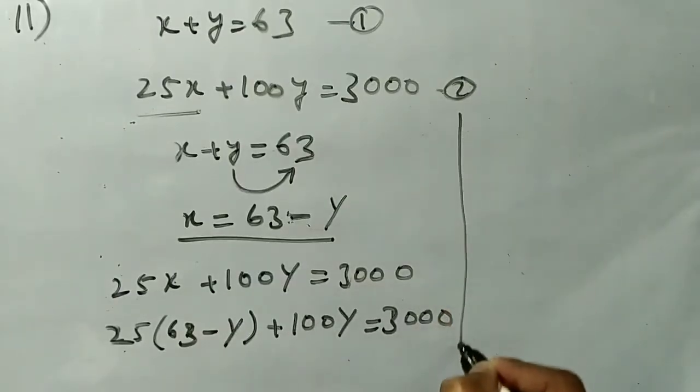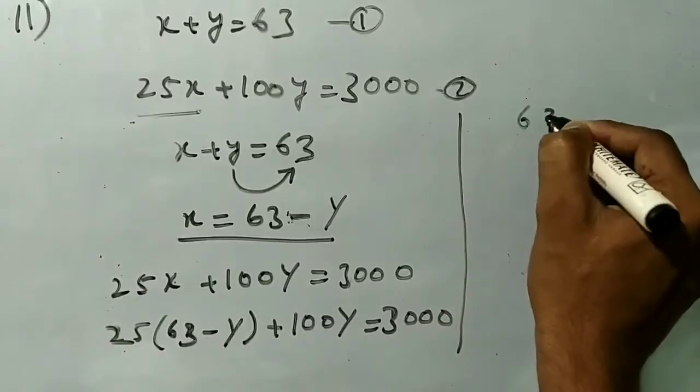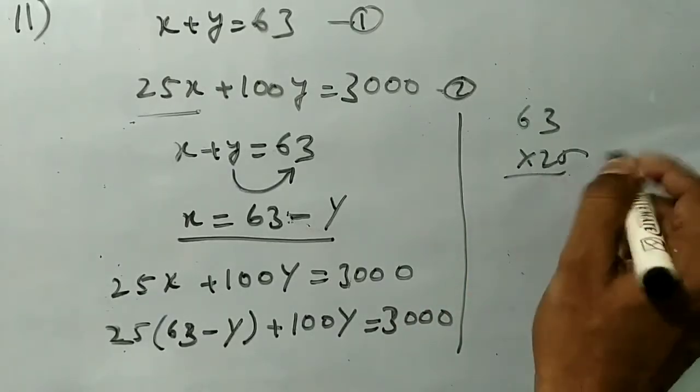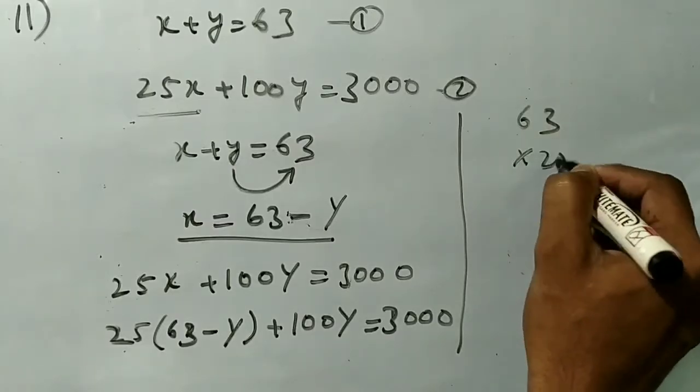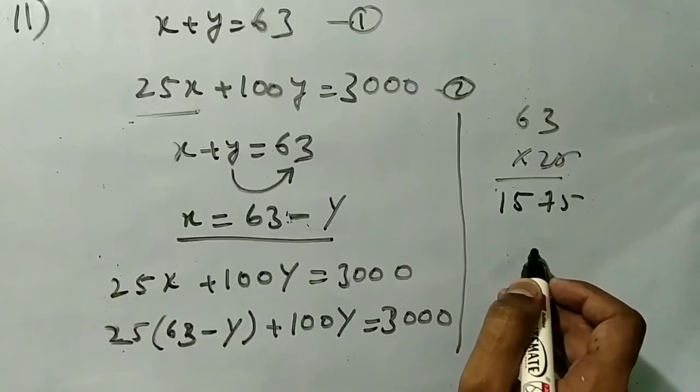So here we have to multiply 25 into 63 and 25 into y. Let's take 63 into 25, we got 1575.